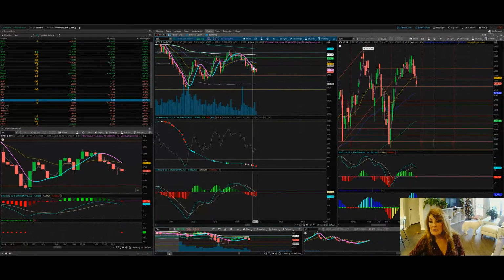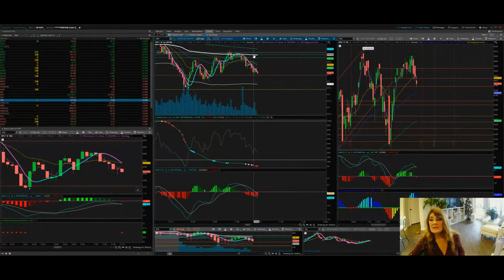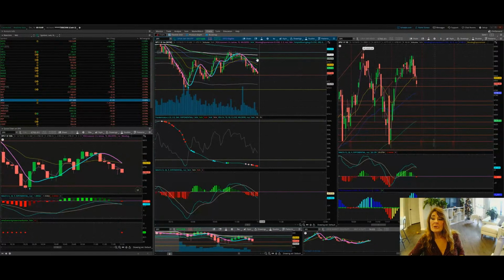You can see here, we pushed up, hit the VWAP. This thick white line is the VWAP, and VWAP stands for volume weighted average price. It's a nice indicator. It's very much like a moving average, but it weights volume as well.